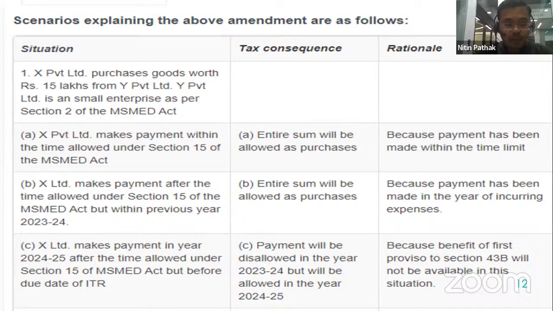Then it is allowable expenditure in the same financial year, only needing to pay interest for the difference period between the expiry of the period as per the MSME Act and the date of payment, as per the interest rate, and how to calculate the interest rate.